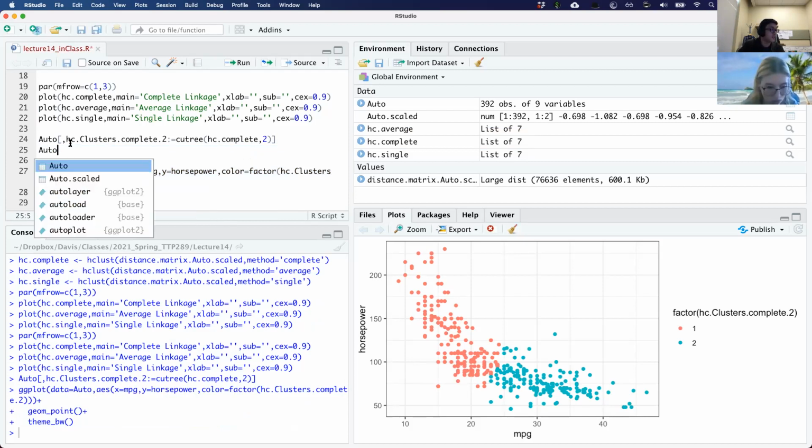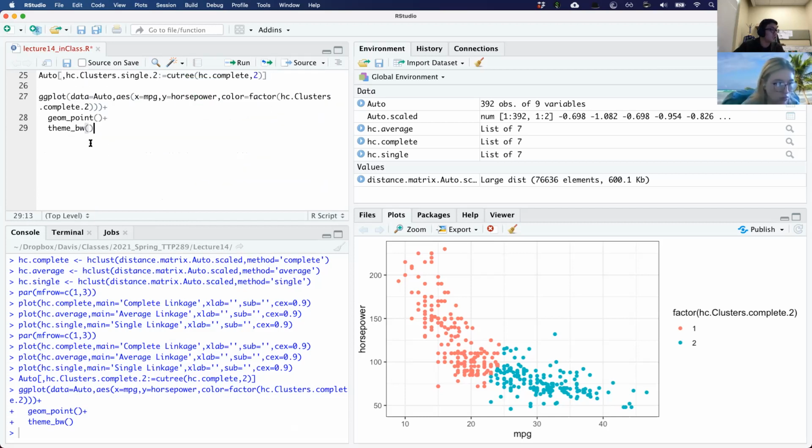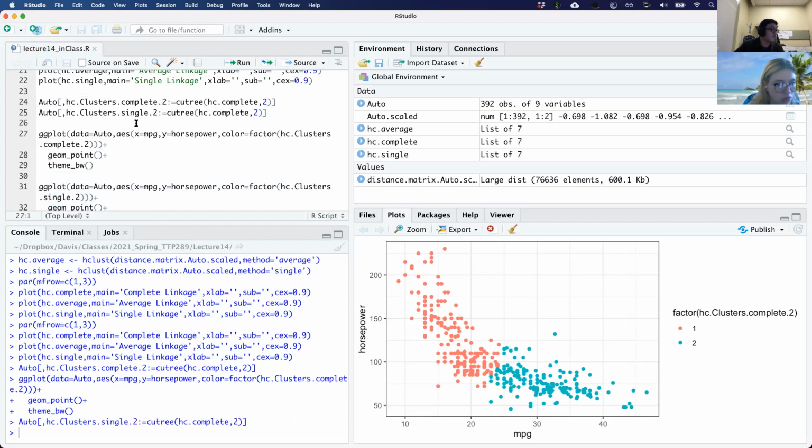Let's see what that looks like for the single linkage. I'll just copy and paste this and change this to single. Oh, I need to run this first.